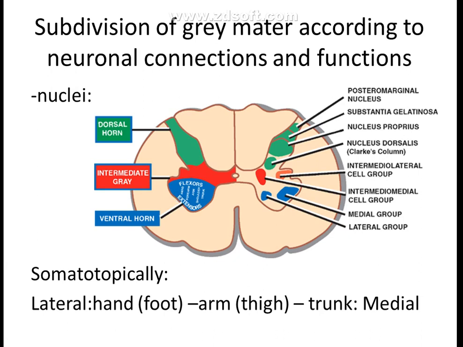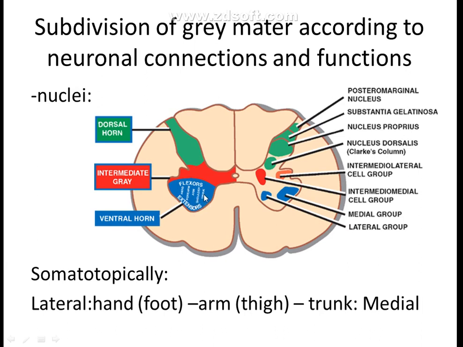And as you are going medially, the most lateral is for the hand, going medial, this is the arm, and going more medial, this is the trunk or shoulder region. You will have a similar arrangement, for example, in the region of the brachial plexus: the hand, arm, and shoulder. But in the lumbosacral plexus you will find the foot, thigh, and trunk or head region as you are going from lateral to medial.